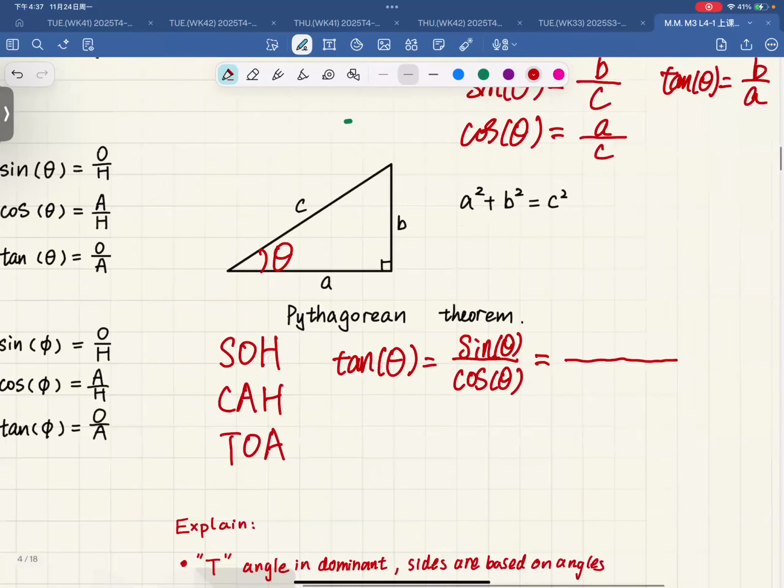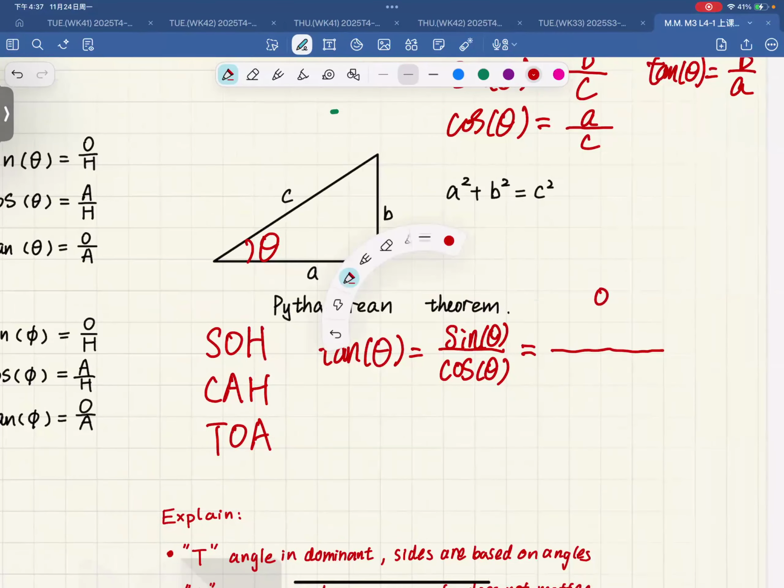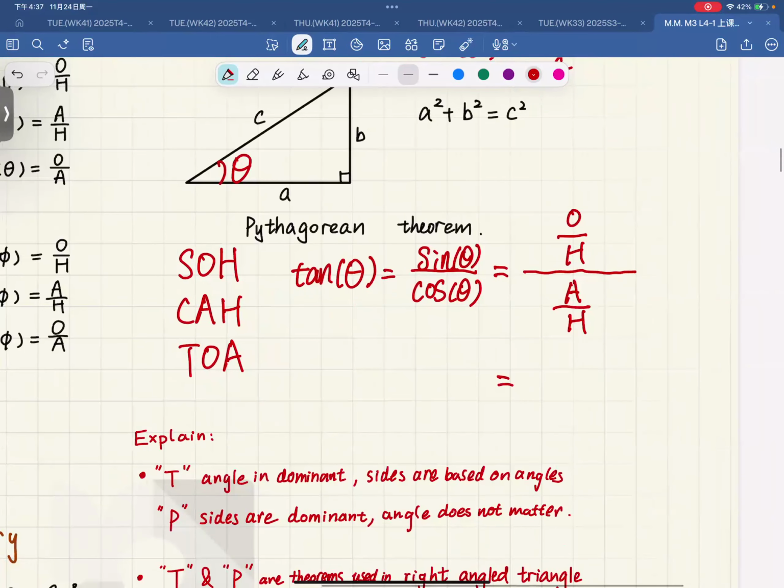Sine theta is equal to opposite over hypotenuse, right? And cosine theta is equal to adjacent over hypotenuse, right? So we have O on H divided by A on H, which is equal to O on H times H on A, right?